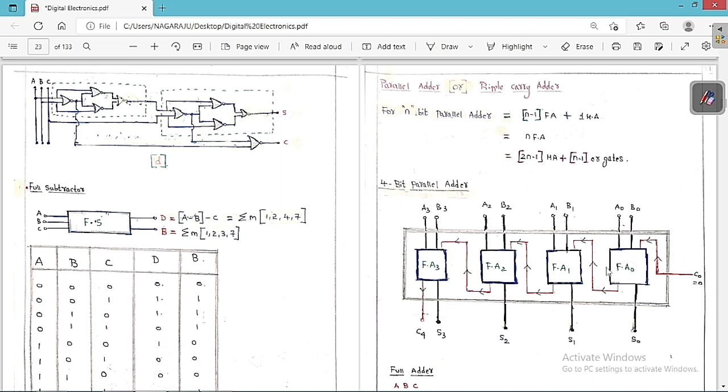For every full adder, we are going to have 3 inputs and 2 outputs. The 3 inputs are A0, B0, and a carry, and here we are going to get the sum and also the carry.